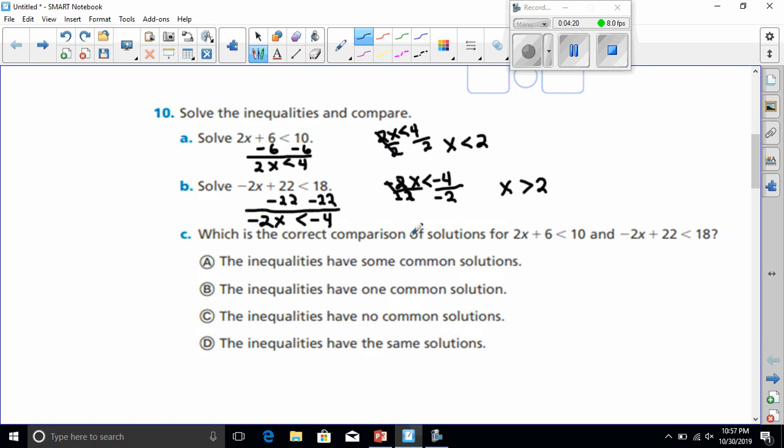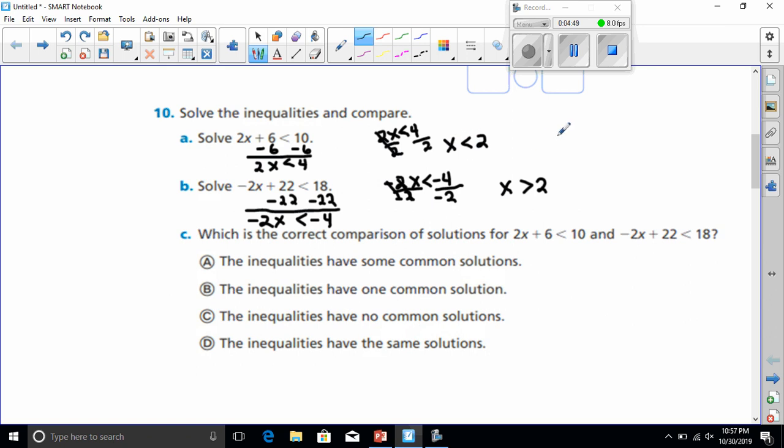Okay? And let's see. We can move on now to part C. Which is the correct comparison of solution 2x plus 6 is less than 10, and negative 2x plus 22 is less than 18? It says, which is the correct comparison? The inequalities have some common solutions. The inequalities have one common solution. The inequalities have no common solution.